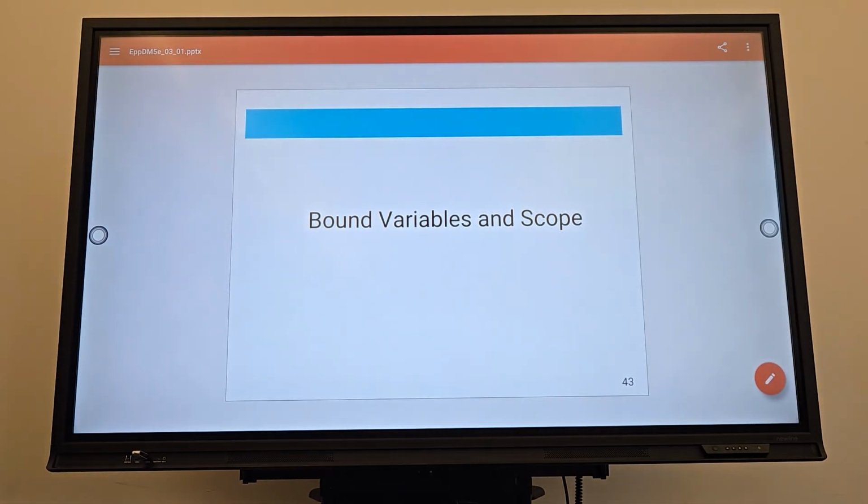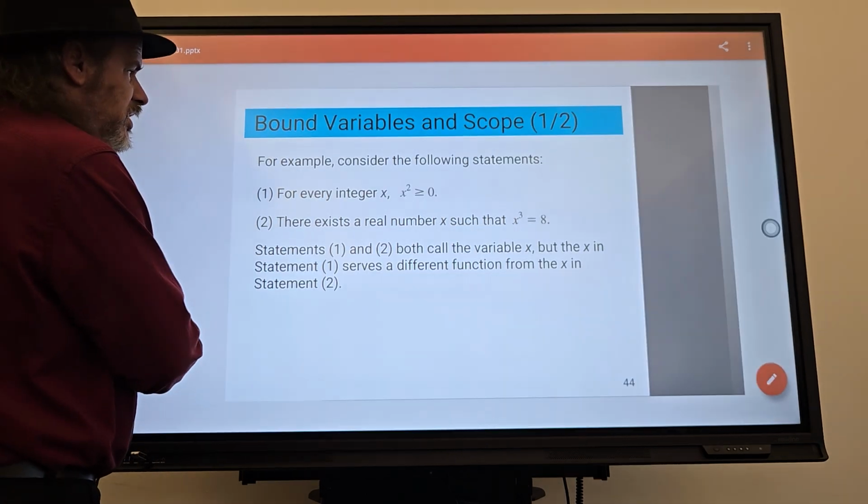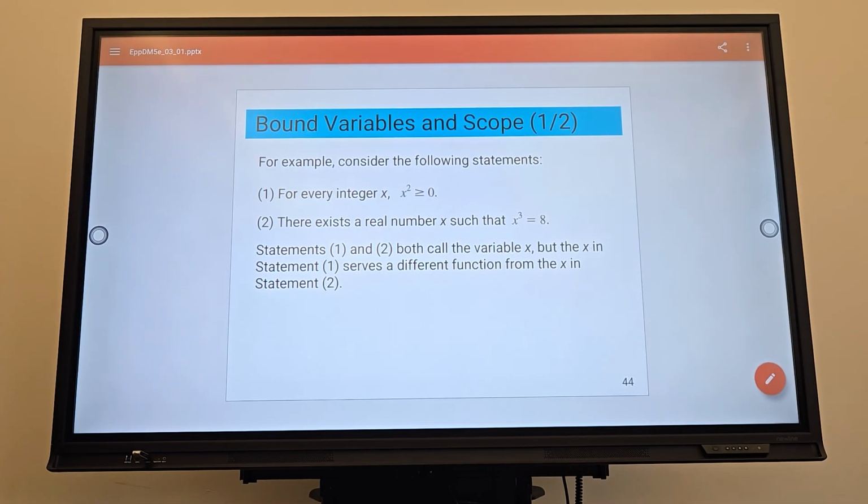Bound variables and scope. Let's use an example here. Consider the following statements. 1, for every integer x, x squared is greater than or equal to 0.